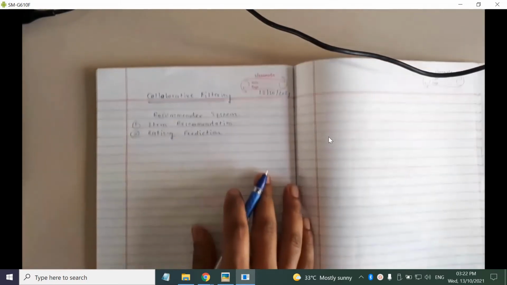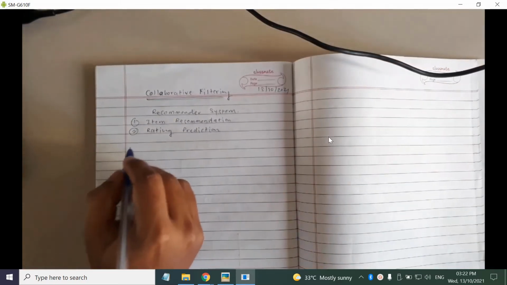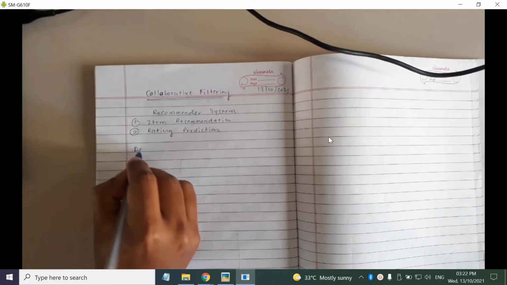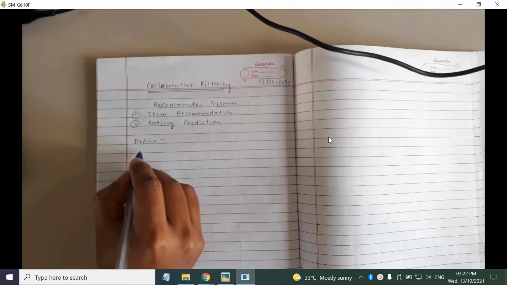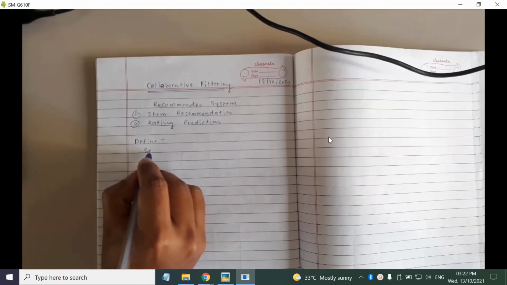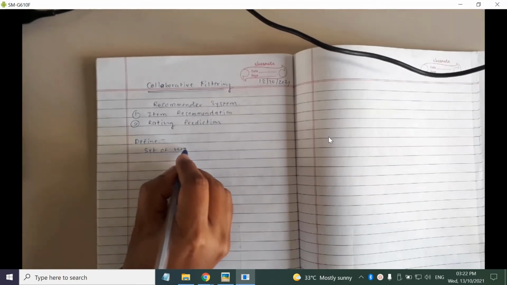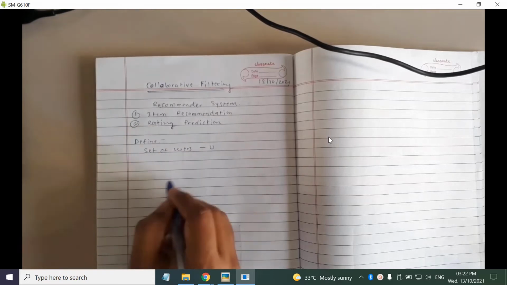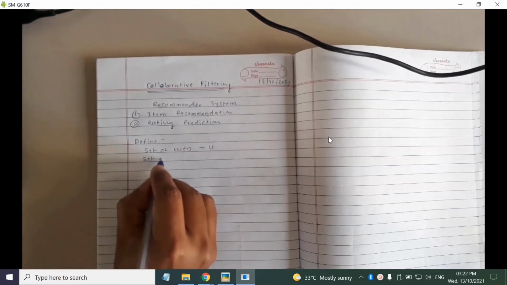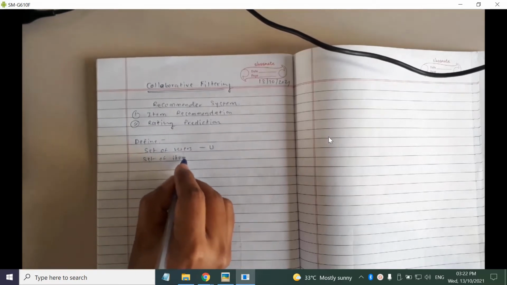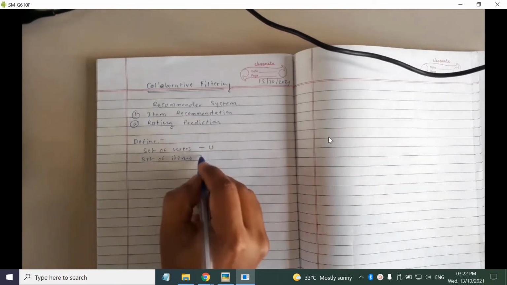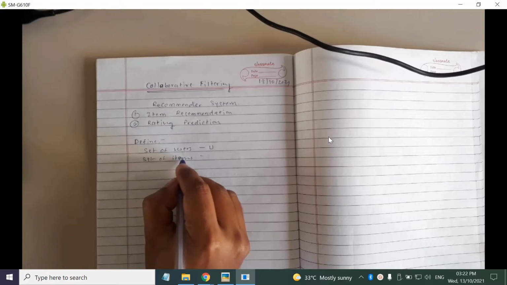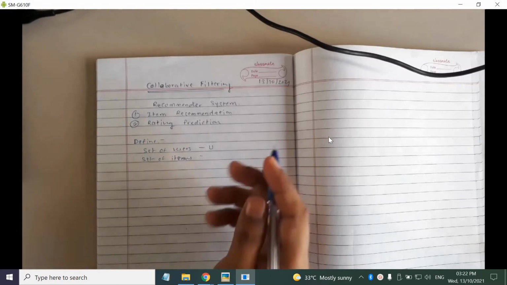Now let us define our problem formally. Here we will denote the set of users by capital U, then the set of items. These items can be any physical item or movies; the meaning of item will vary according to the application.